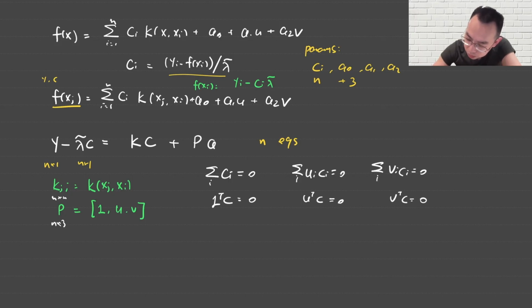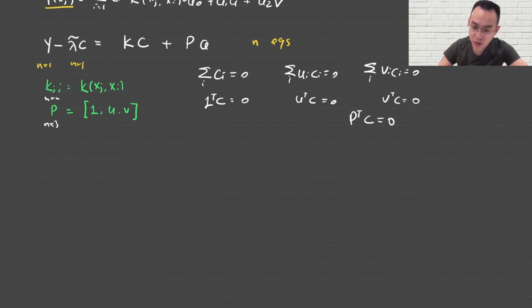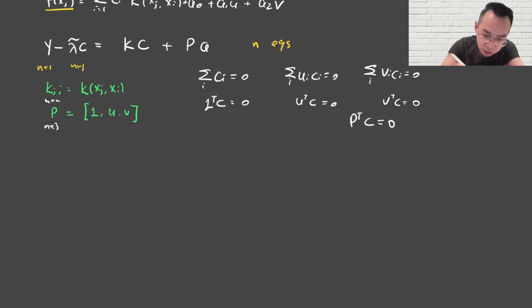We combine them, and that gives us P transpose C equals 0, I believe. And then we can bring everything together into a whole matrix, and that's going to give us this, right? So we can combine this.